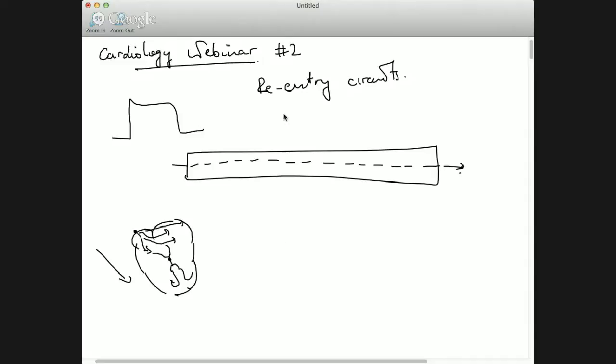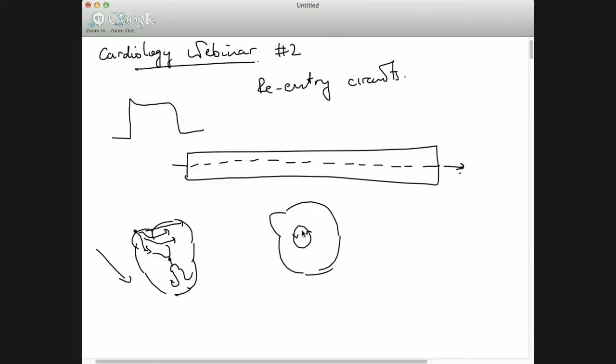In people with what we call re-entry circuits, a situation can develop in which, instead of this sort of thing happening, you can have an action potential propagating through heart muscle in a circle. For example, like this.